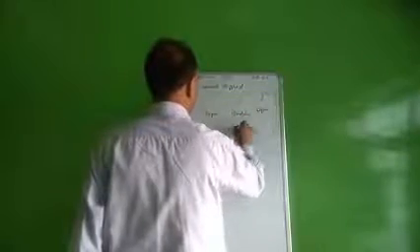Budding is of two types: external budding and internal budding. External budding is seen in hydra. I will explain these types one by one. First, we describe fission.